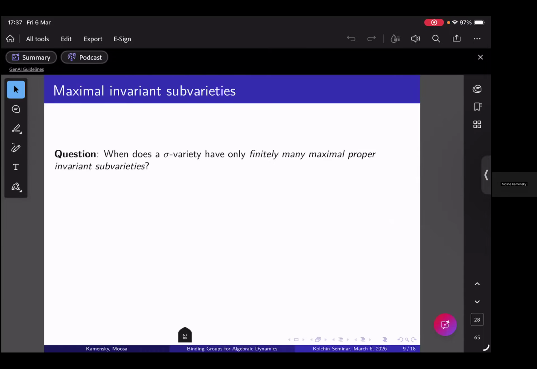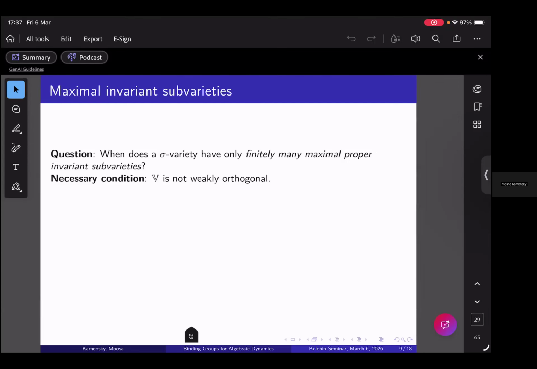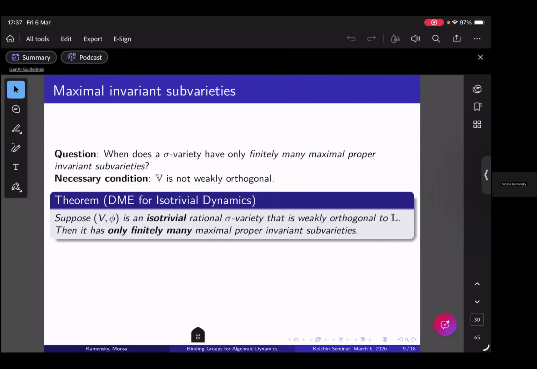One case where there are infinitely many is when V is not weakly orthogonal. If you have an invariant function, then its fibers are going to be maximal invariant, and infinitely many of them. And the claim is that in the isotrivial case, this is an equivalence. This is called the Dixmier-Moeglin question.